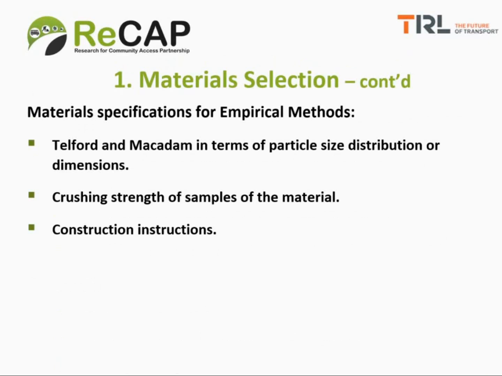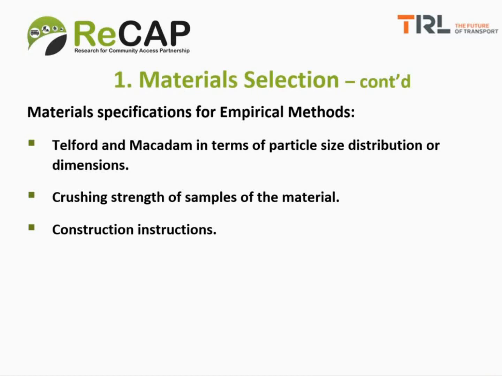Now, material specifications for empirical pavement design methods take on a very simple form, in that these methods, such as the Telford and macadam type constructions, often only specify particle size distribution or dimensions of particles that must be used.